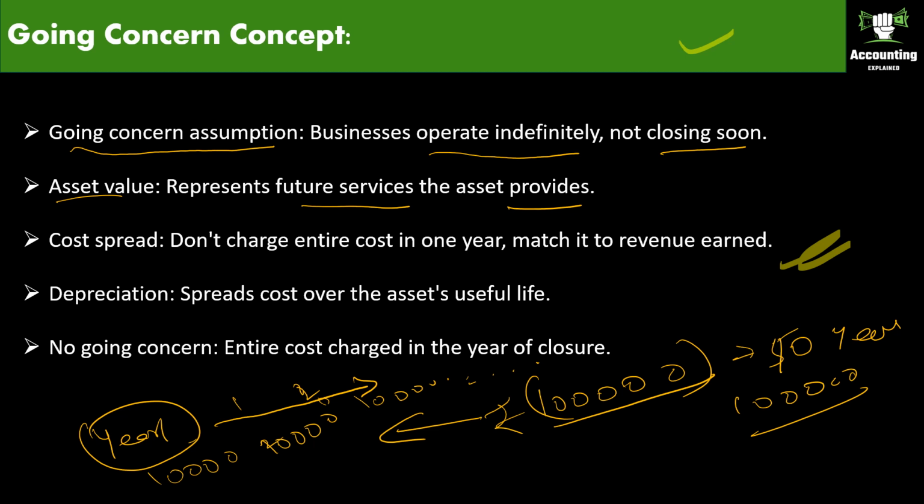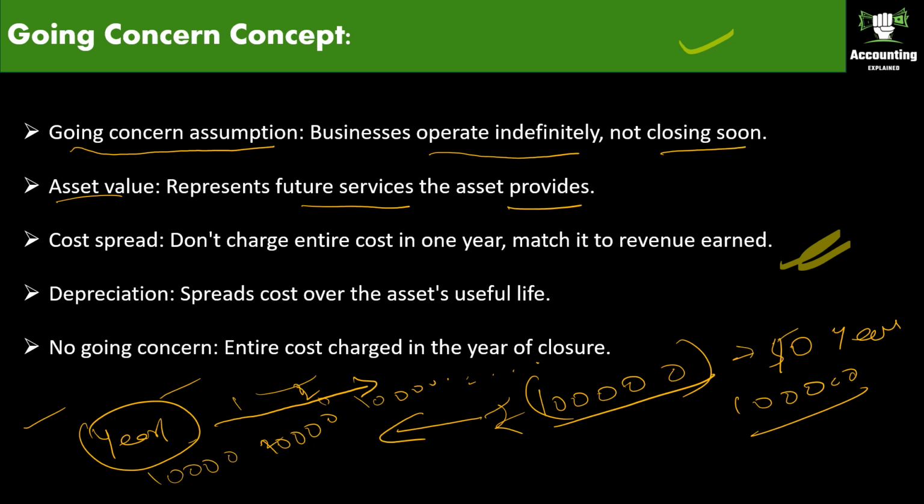Instead, it spreads it over several years: year 1, 2, 3. Think of it like the machine slowly using up its value each year. So in the first year we have used rupees 10,000 of the machine's value. In the second year again we'll use 10,000, like that.